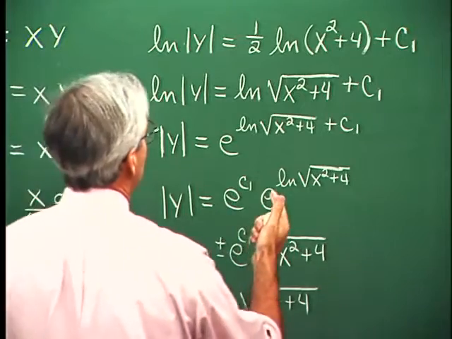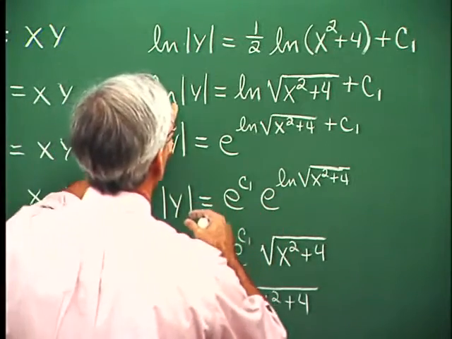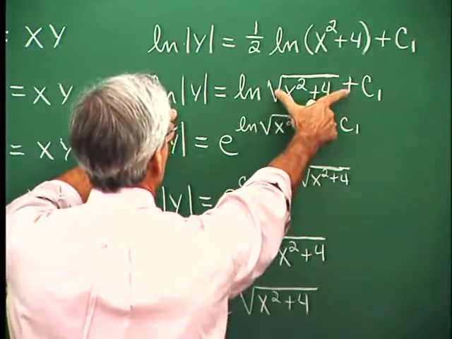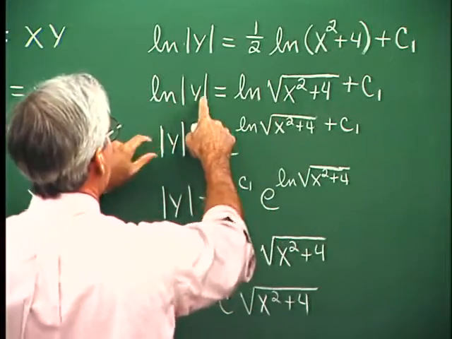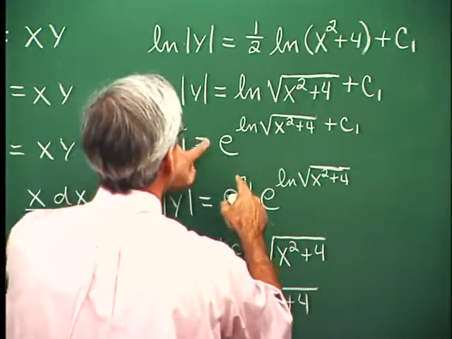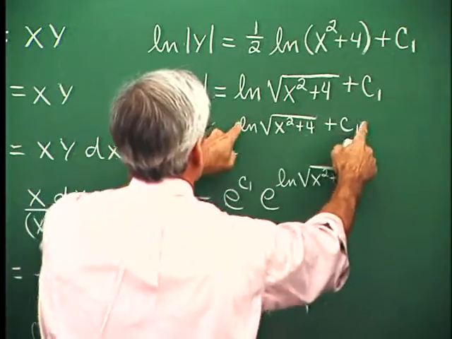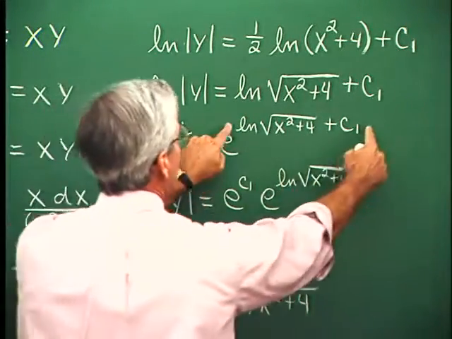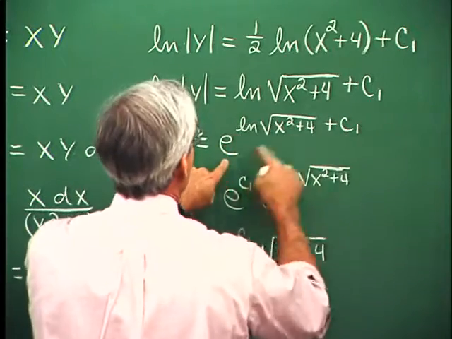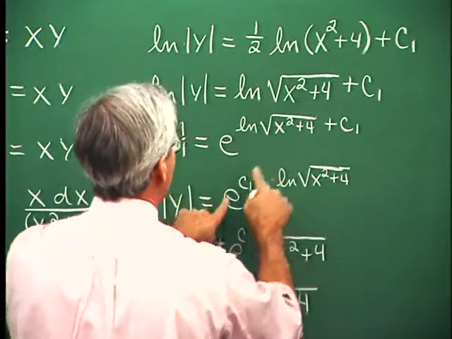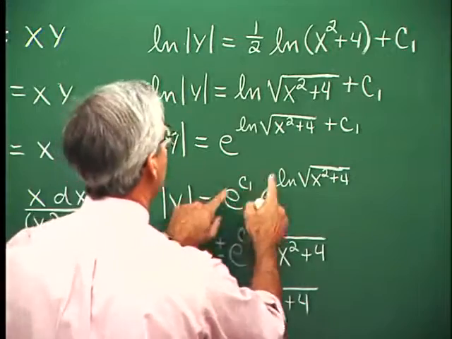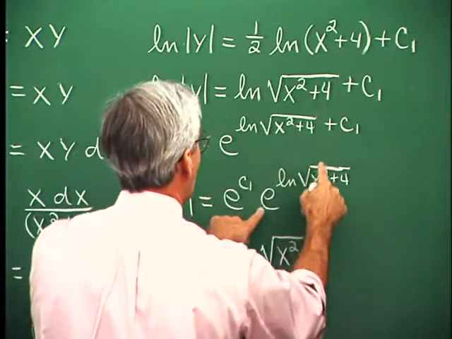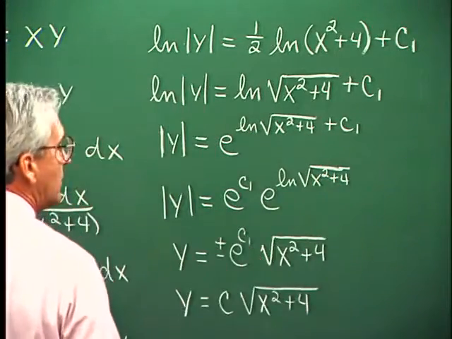But if we go into the exponential form, it is base to the exponent equals absolute y. So absolute y is equal to e to this exponent. All right, now we have seen the manipulation before about this business. The e to the c sub 1 power is one factor here, and e to this natural log is the other factor here.